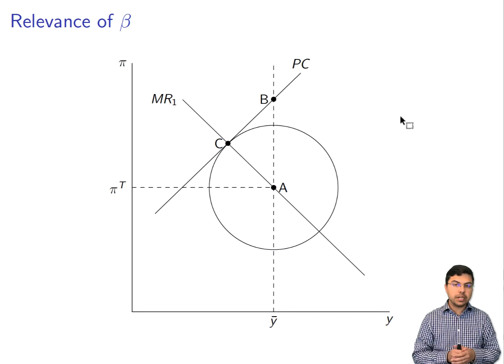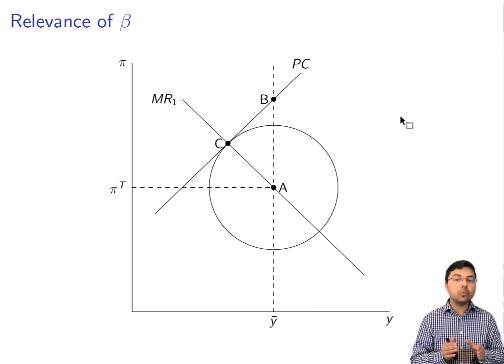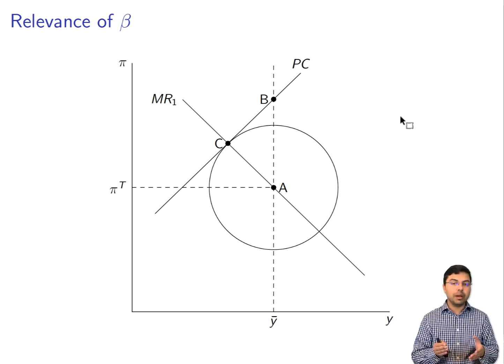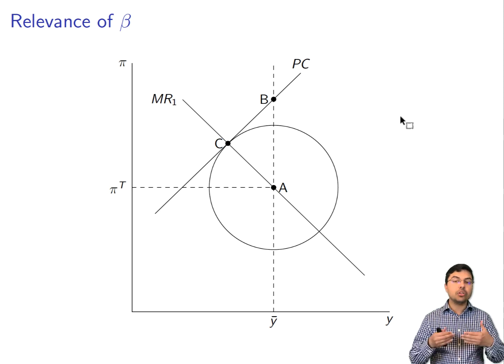So let us first understand the relevance of beta and how the central bank preference parameter affects the MR curve. If we begin with the case where beta is equal to 1, we know by now that this implies that the loss indifference curves are in the form of circles, correct?